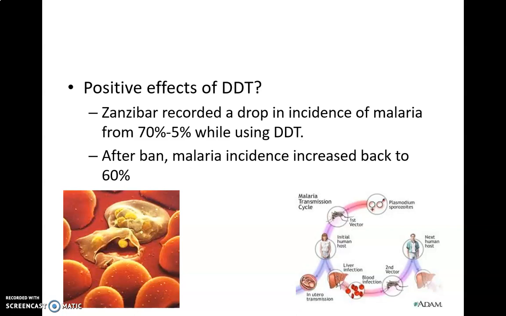And we'll look at the reason why it was banned in just a minute. But after the ban of DDT, we saw incidences of malaria cases jump back up to 60%. And so, if something that's so positive is being banned, well, why is that, and what's happening with that?